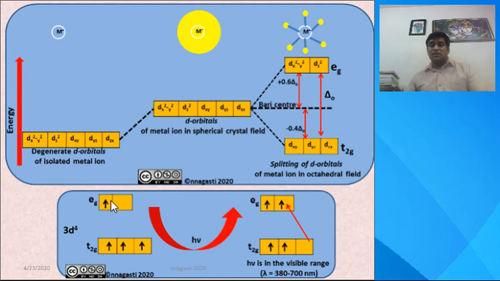These orbitals are split, so these 4 electrons will be arranged like this, T2g3 and Eg1. Now if h nu amount of energy is absorbed, then one electron from the T2g orbital can jump to the Eg orbital.